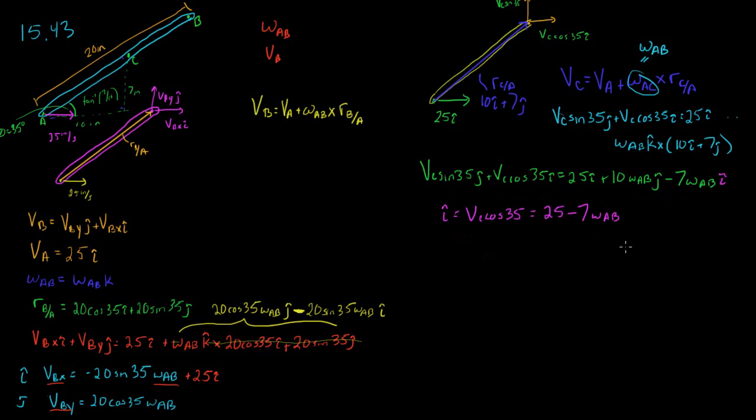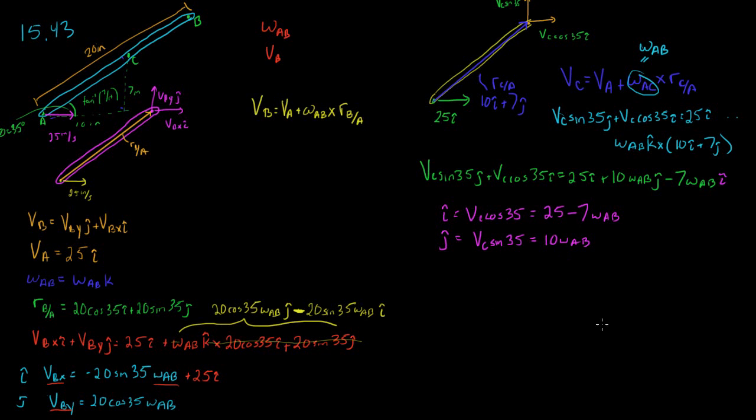Well, this is sort of a confusing equation. Let's see if J has a better, easier equation to solve for. So we have VC times the sine of 35 is equal to 10 omega AB. Well, yeah, this is an easier equation to solve for.